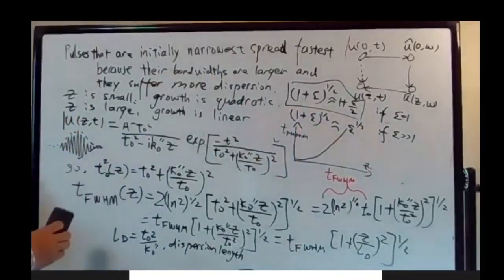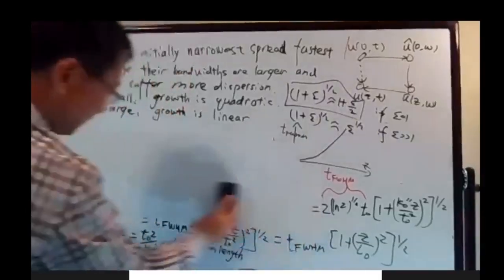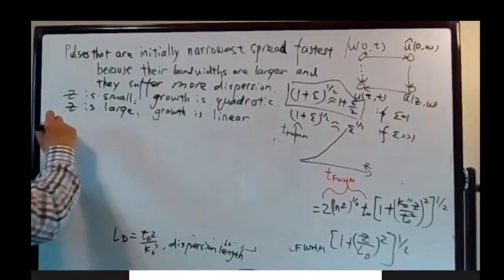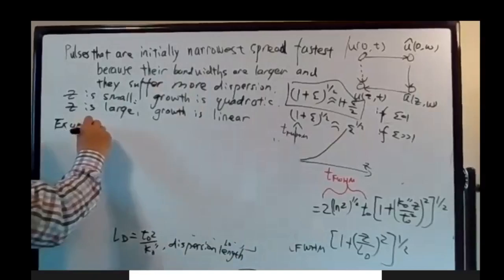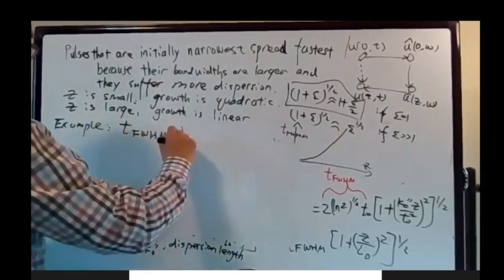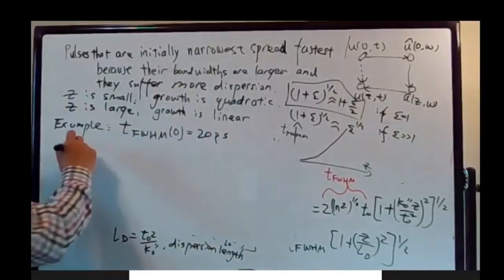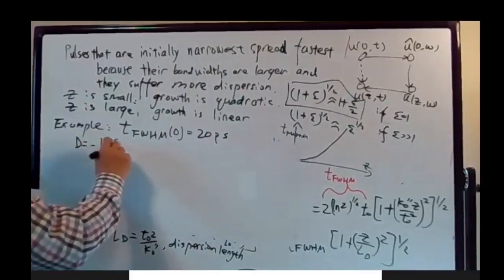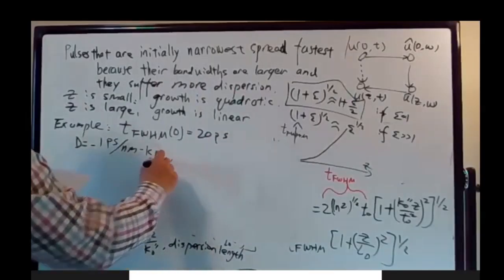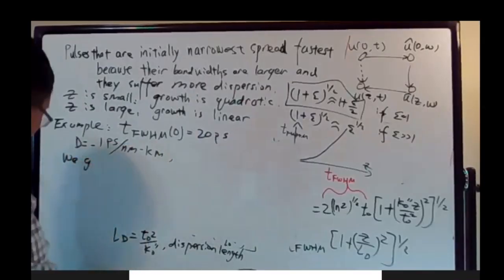Okay, let's give a specific example. Here is the LD over Z. Let's say the T half maximum at 0 is 20 picoseconds, and D is negative 1 picosecond per nanometer per kilometer.